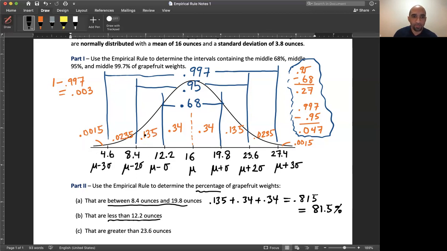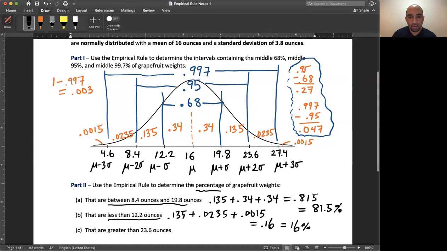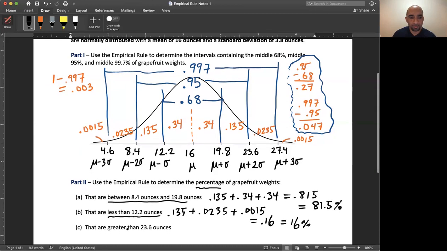Again, those are the percentages corresponding to the intervals of values less than 12.2. When you add these together, you get 0.16, which is 16%. So 16% of the grapefruit weights are less than 12.2 ounces.